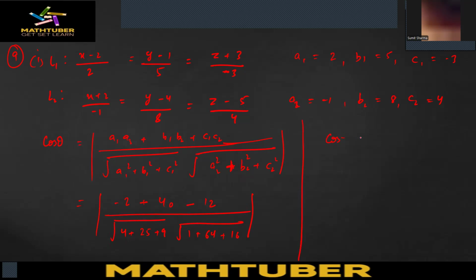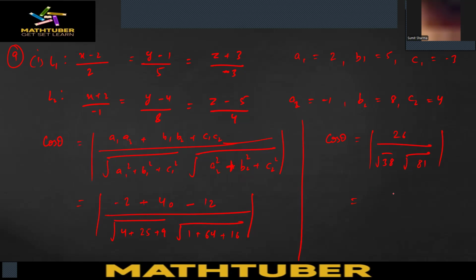So cos theta will be equal to 26 in the numerator, and here it will be under root of 38, and this will be 81.